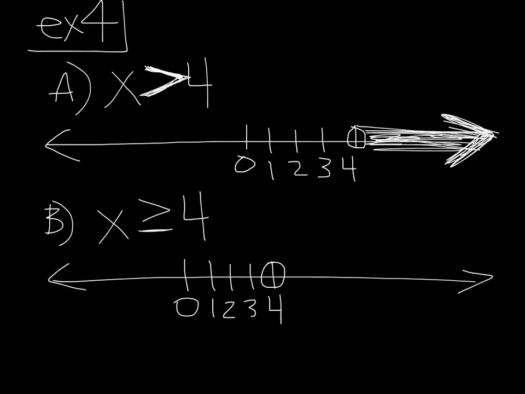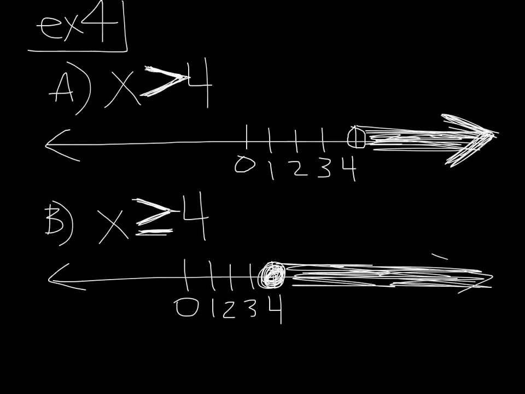This is a greater than or equal to part. So when it says or equal to, you've got to close in the 4. And then it still says greater than. So that's pointing to the right. Everything greater than 4, I'm shading everything to the right side. So as you can see, greater than or equal to 4, I'm including the 4 in it. But in letter A, it's just greater than 4. So that's why it's just an open circle. You're not really including the 4, you're saying everything bigger than it.